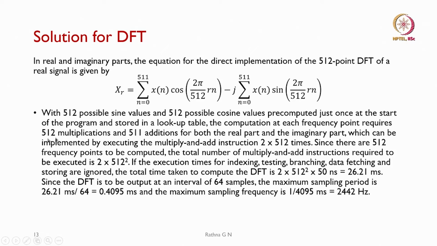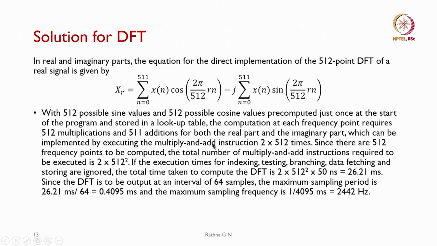Each frequency point requires 512 multiplications and 511 additions. That is, N multiplications and N minus 1 additions for the real and imaginary parts separately.